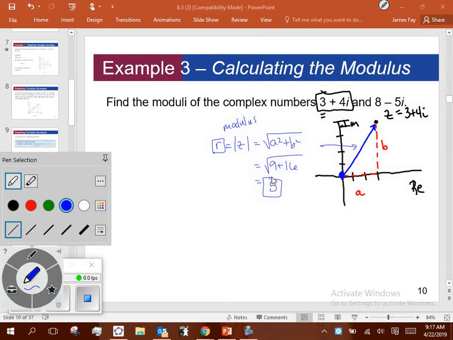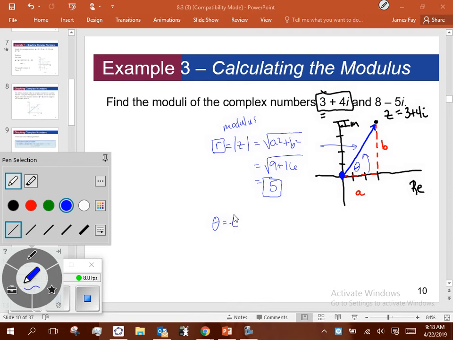Now what we're interested in is figuring out, well, what exactly is the direction to get to that 3 plus 4i. And the direction is ultimately defined by that angle theta. Okay? And that angle theta is going to be found, just like we did in the Cartesian plane.